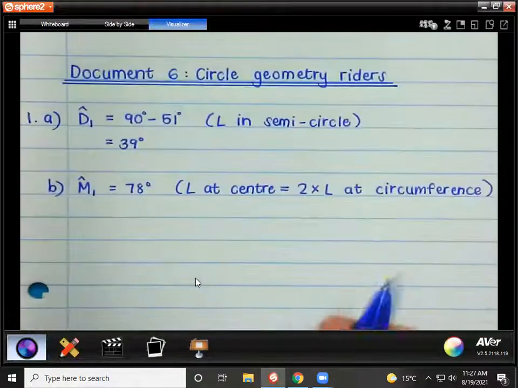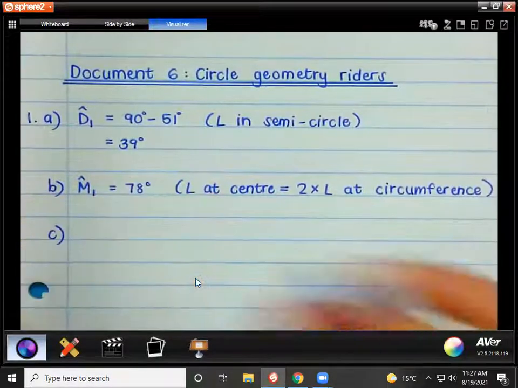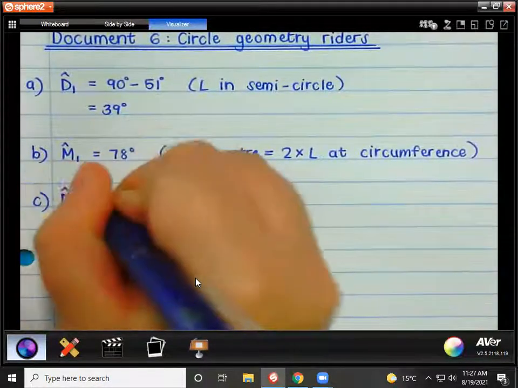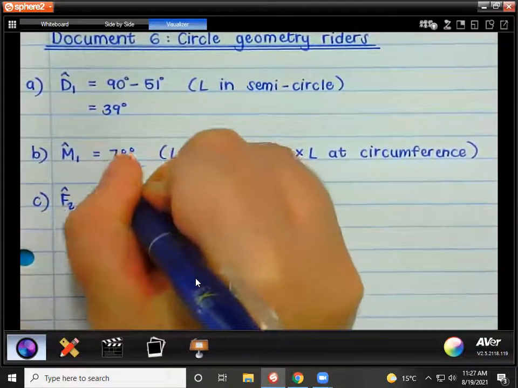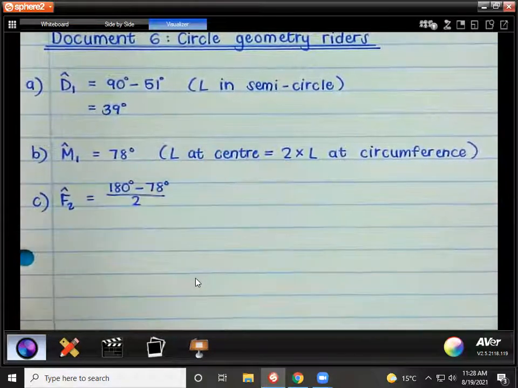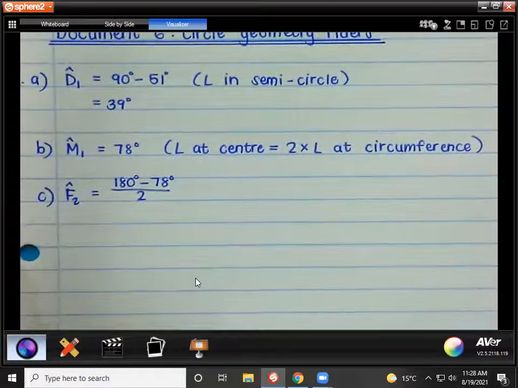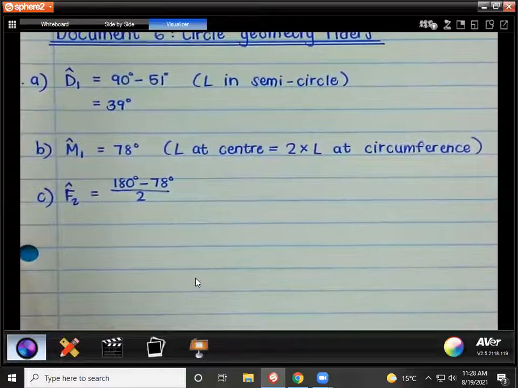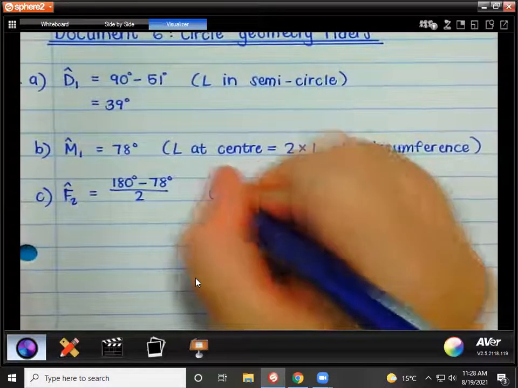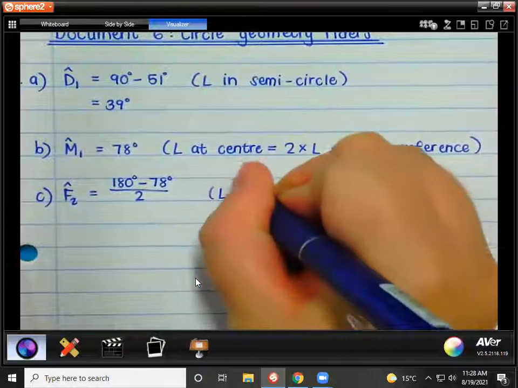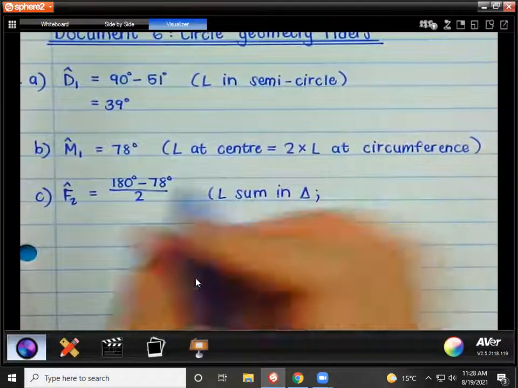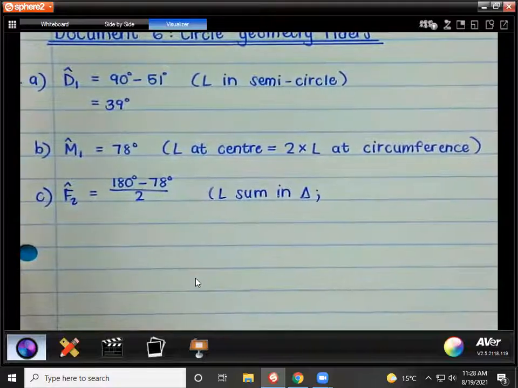All right, so if you want to do the actual working, you can write it down like this. You can say F2 is equal to 180 minus 78 over 2, like that. Okay, you don't have to do it all in your head. You're welcome to if you want to, or just on the calculator, but that's how you would write the working down. Then you say angle sum in triangle, because that's the 180 minus part.